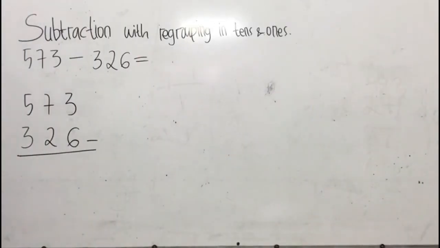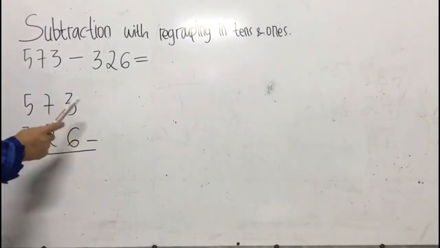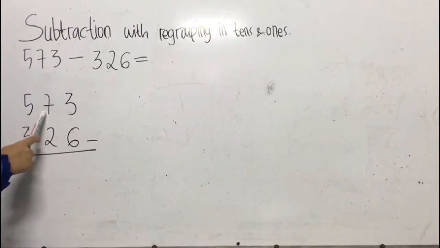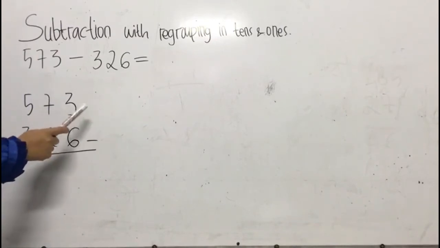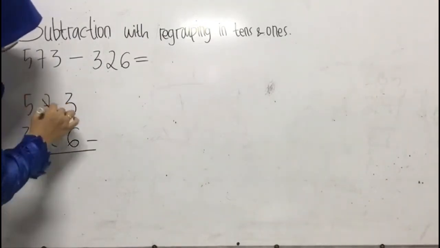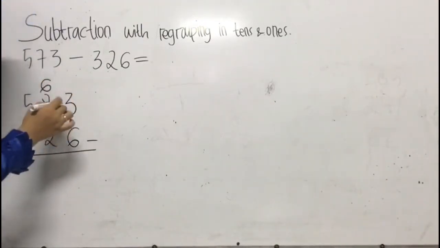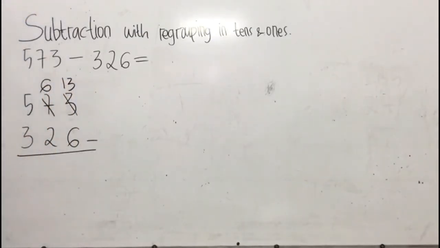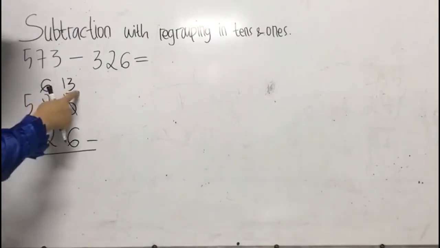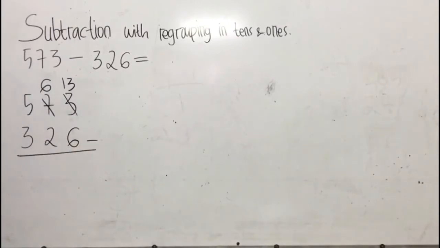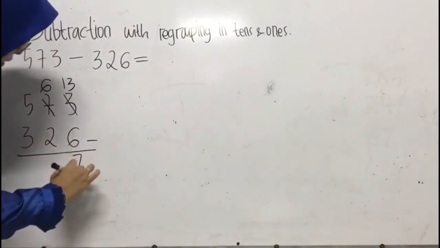We can subtract 6 ones from 3 ones. So, we regroup 1 tens into 10 ones. Now we have 6 tens and 13 ones. Okay, let's subtract the ones. 13 ones minus 6 ones equals, yes, 7.